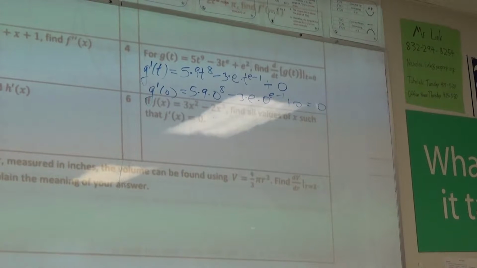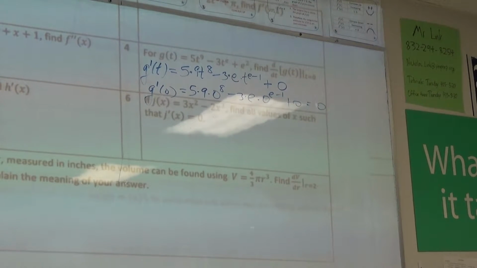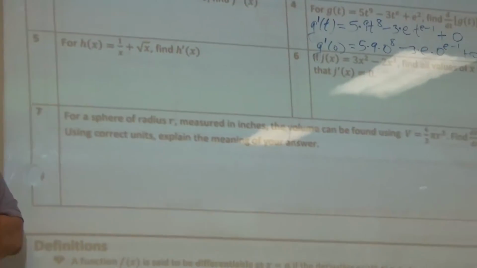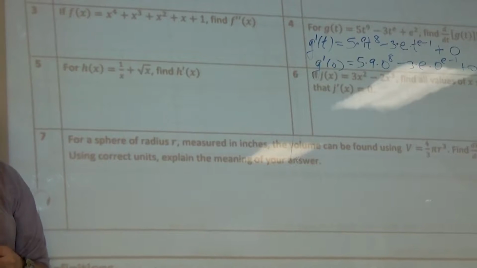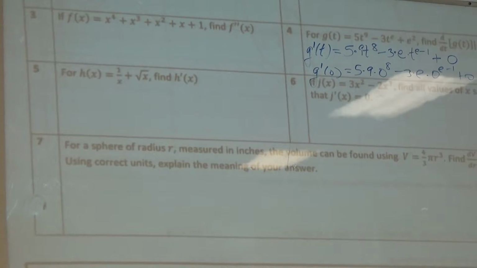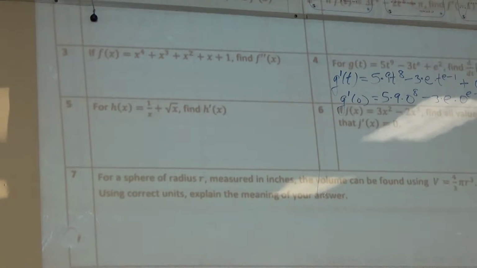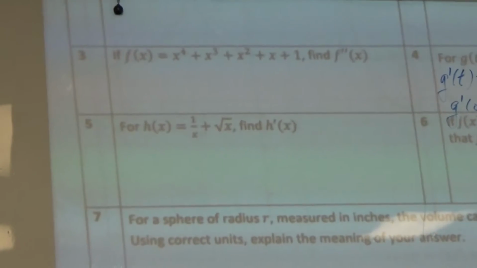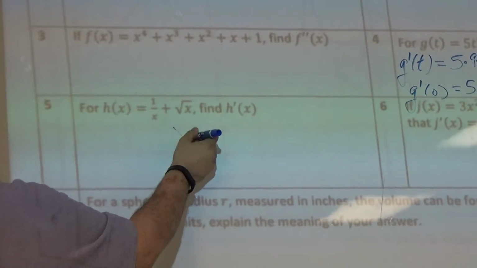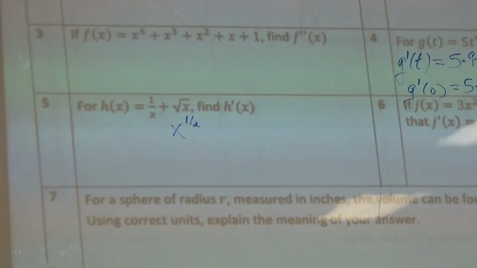The last one I want us to talk about, number 5, because it's going to make your life better later. H of x equals 1 over x plus the square root of x. Does anybody see this as the power rule? Noemi, what do you see? The square root of x is the same thing as x to the half power.